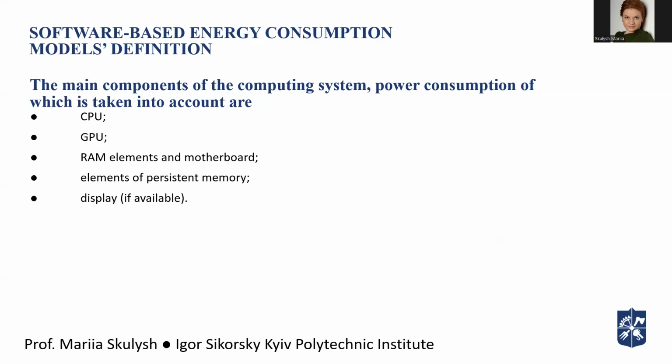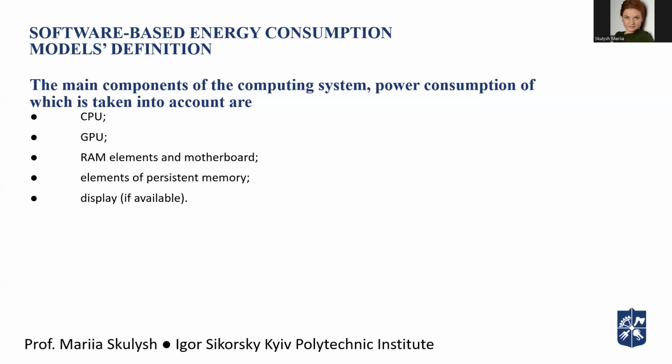software-based energy consumption model definition. The main components of the computing system whose power consumption is taken into account are CPU, GPU, RAM elements, elements of persistent memory, and display memory if it's available. So what does it mean?